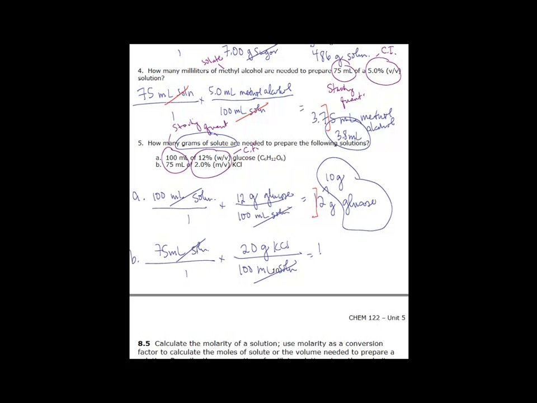You end up with 1.5 grams of KCl. And that's got the correct number of sig figs. So with these percent concentration problems, be very careful on sig figs. Also be very careful on labeling your units. It's very easy to flip things around if you don't label your units properly.